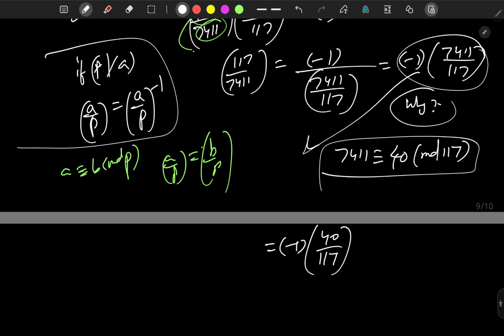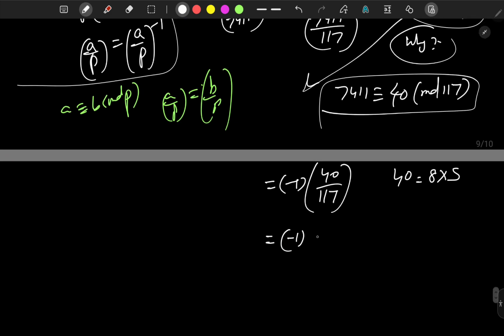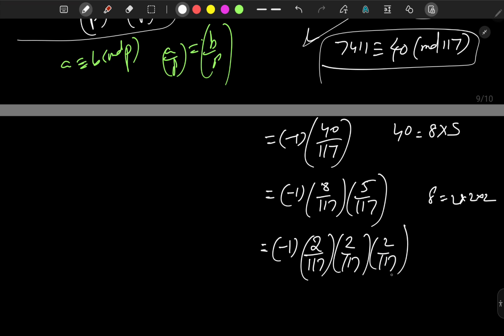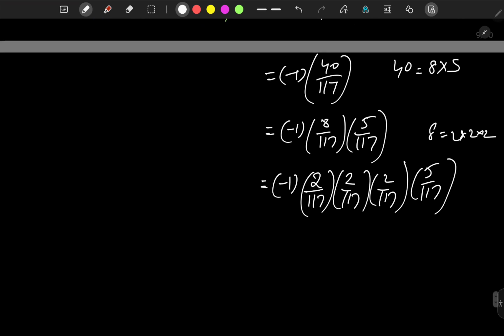From this, 40 can be written as 8 into 5, so minus 1 into 8 by 7 into 5 by 117. Again, 8 can be written as 2 into 2 into 2, so you can write 2 by 7 three times into 5 by 117.